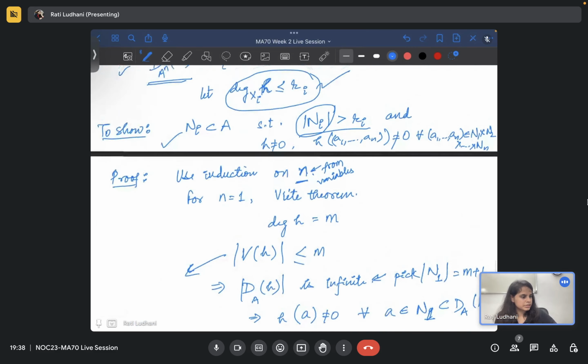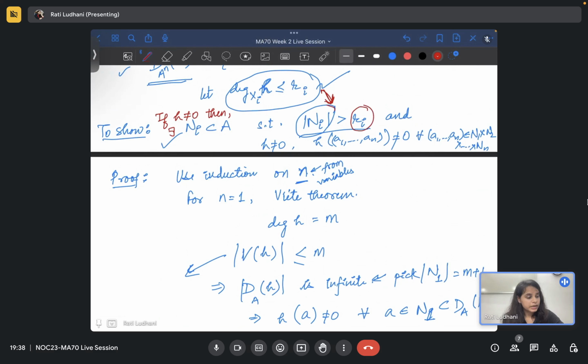Let me write it properly. If h is not equal to 0, then there exist Ni contained in A such that the cardinality of Ni is greater than ri, where ri is coming from h only. From h only I'll fix ri. There will exist Ni such that this is non-zero on those tuples. So this is the induction hypothesis, and we want to prove that.